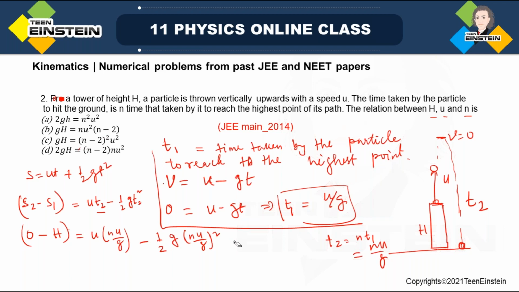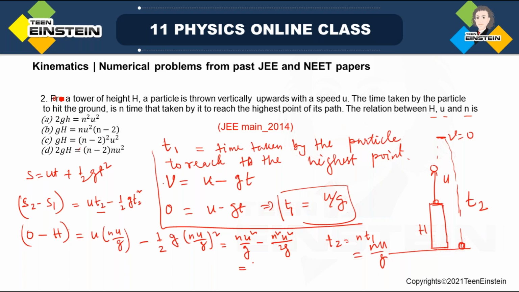Now we can do a little bit of simplification and see what we are getting. From here I'll get n u square by g, and here 1 g will get cancelled, so n square u square by 2g.